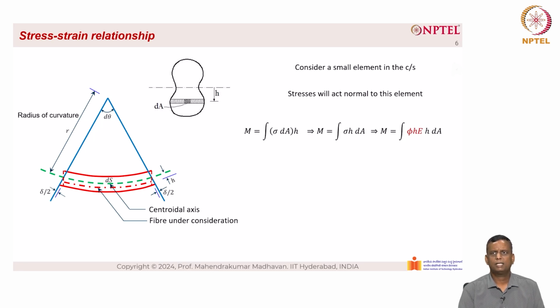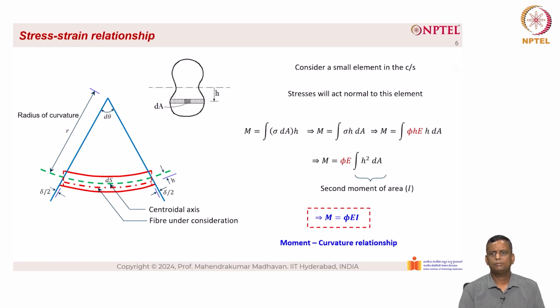Which means that M equal to sigma, which is phi h E from the previous equation, into h into dA as per the moment equation here. So M equal to phi E into integral of h square into dA. This integral of h square dA is the second moment of inertia, also known as I. So M equal to phi EI. So this is the moment curvature relationship.